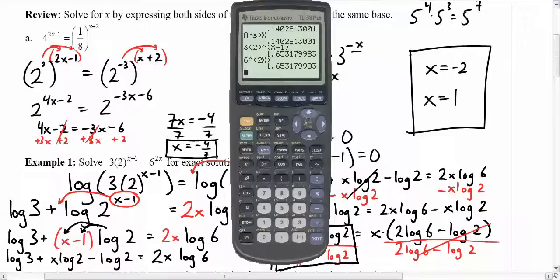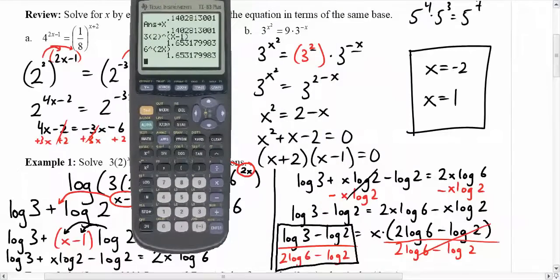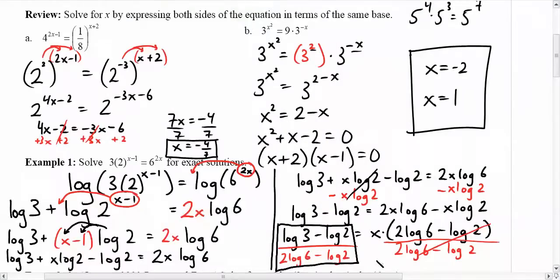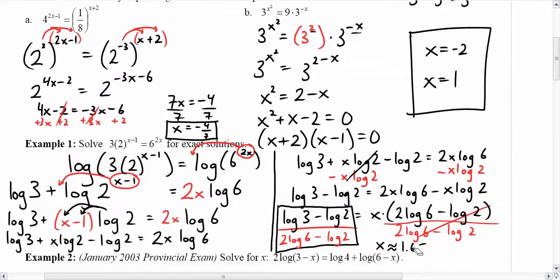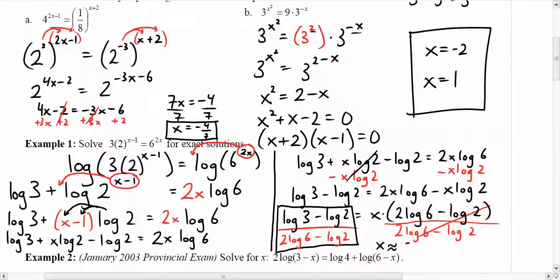So that means it really must be right. So x is approximately... oh, sorry, not 1.65. That's the answer on both sides. Where's my x? 0.14. Thank you. 0.14. Of course, every time I make a mistake, I have to be videotaping.